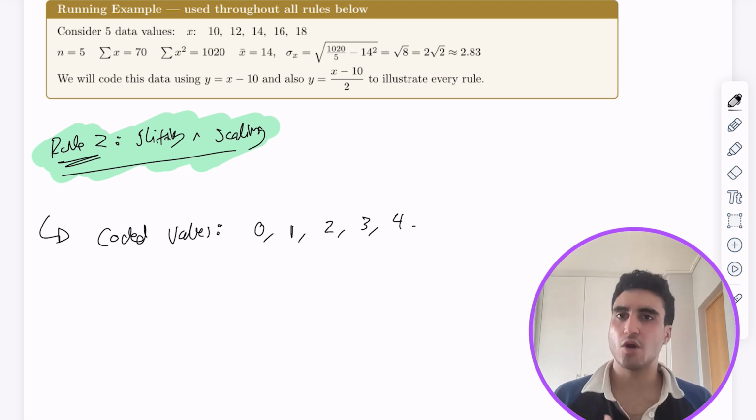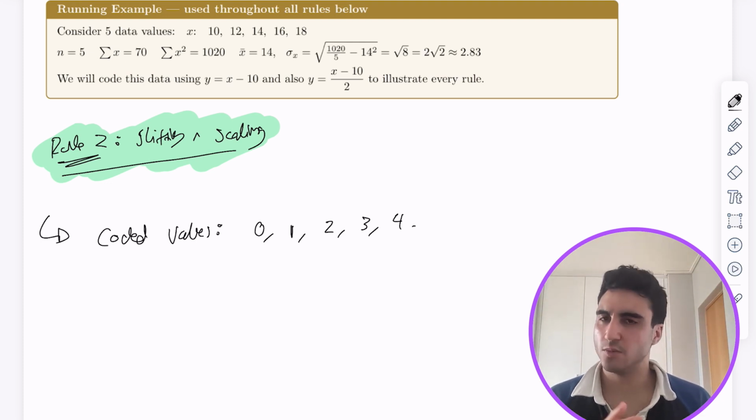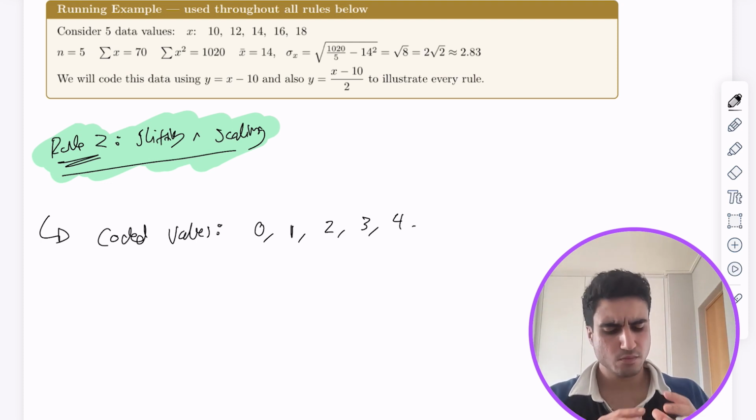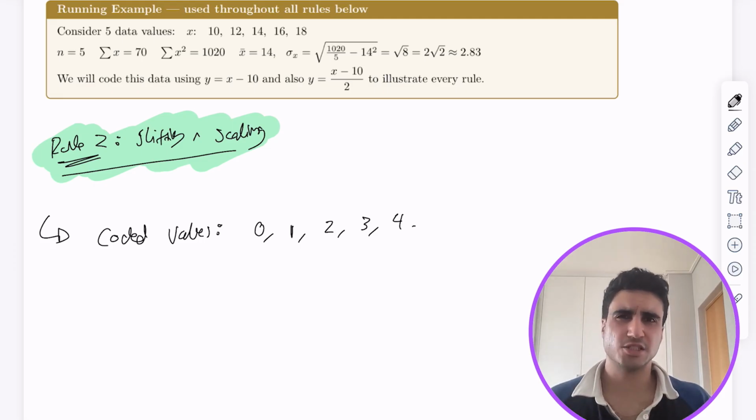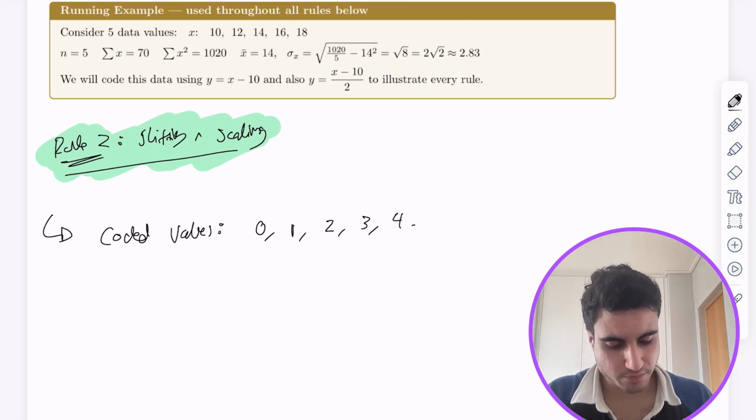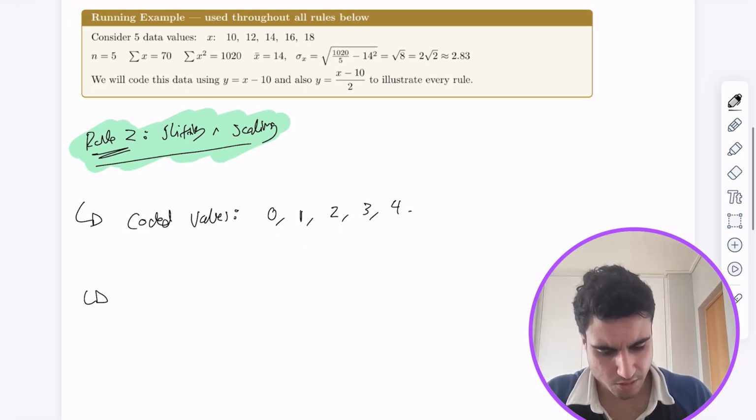And again, what coding comes down to is just changing the way the data is represented to make things easier. On a wider scale, in business applications, etc., it's used to just simplify things, because if you've got data that's very messy to work with, this can be very helpful. So from this, what can we say?